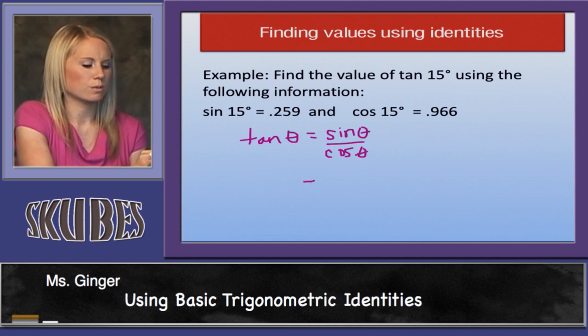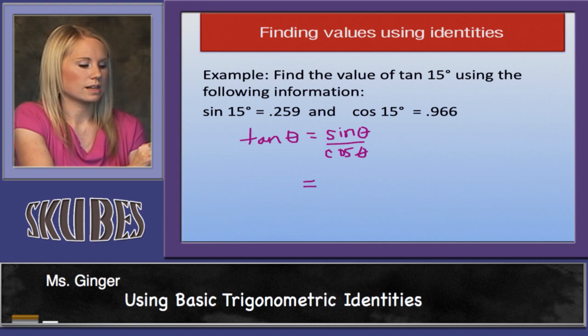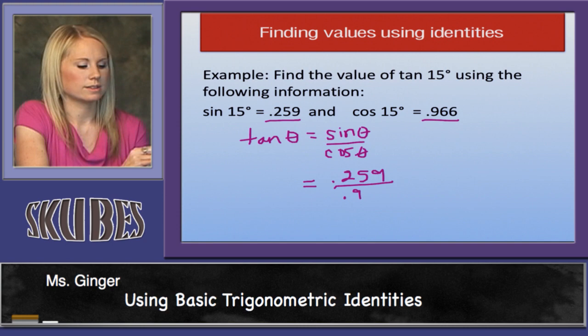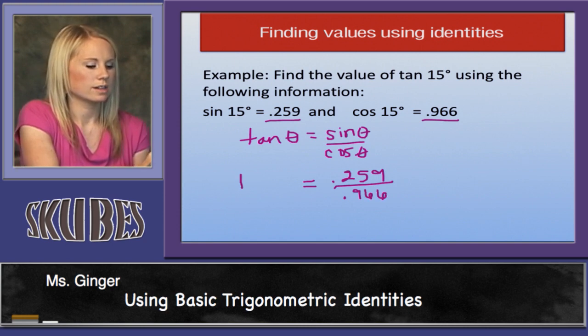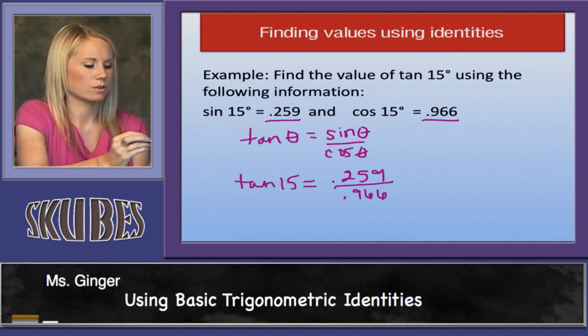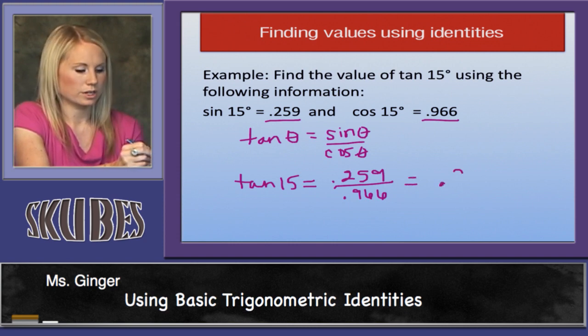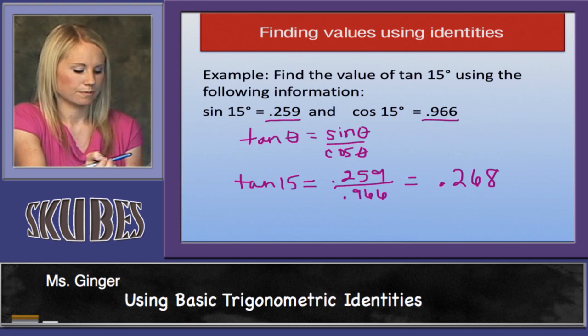Let's take the sine value divided by the cosine value. Here's the sine value, 0.259, and here's the cosine value, 0.966. This should give us tan of 15 degrees. We type that in, and we get approximately 0.268.